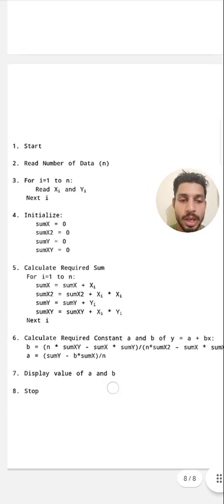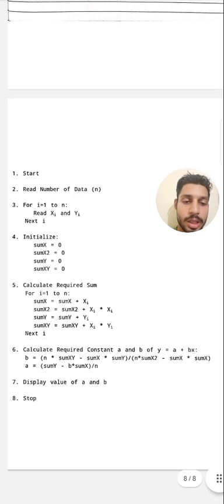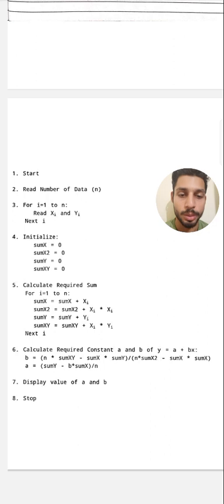In step 6, calculate the required constants a and b of y equals a x plus b. We are calculating the constants b and a here. So b is equal to n multiplied by sum xy minus sum x multiplied by sum y, divided by n sum x2 minus (sum x) squared.